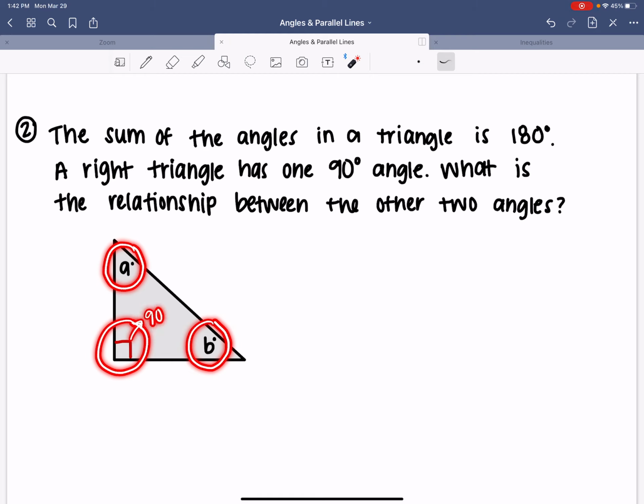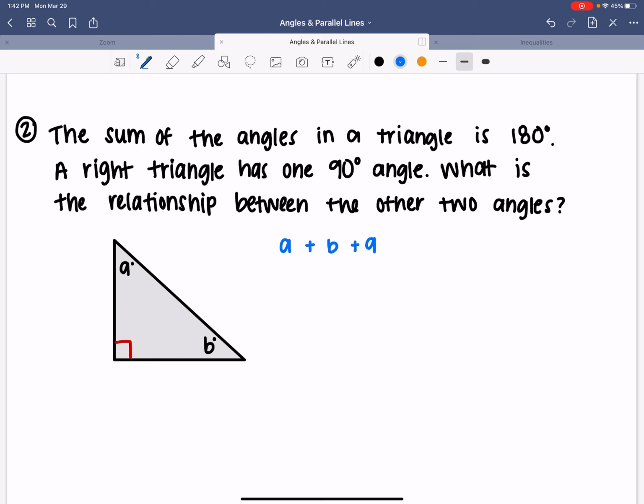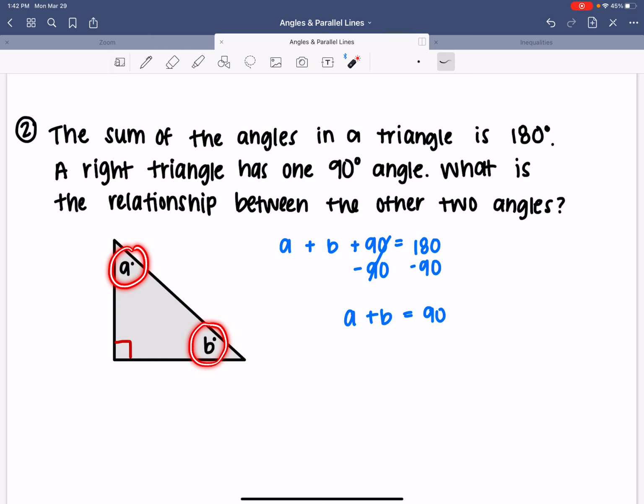Okay, well, if A plus B plus the 90 degrees is 180 in total, and then if we subtract out that 90 degrees, then we're left with A plus B has to equal 90. So A and B have to add up to 90 because 90 plus 90 would be 180.